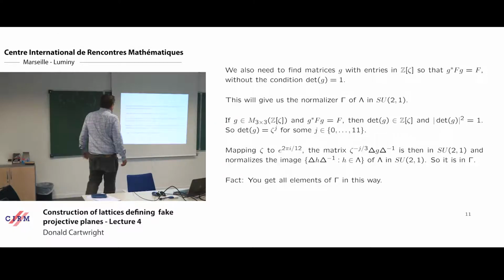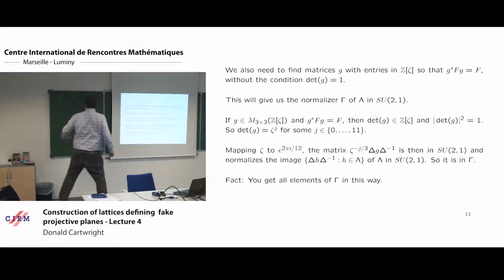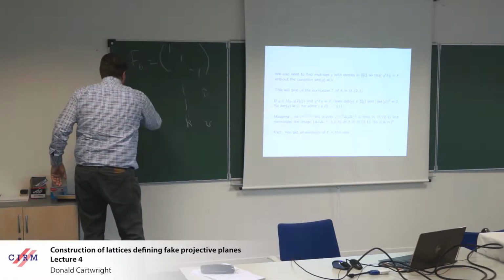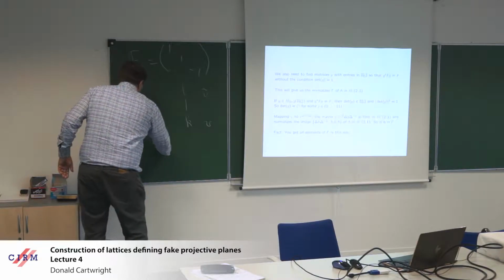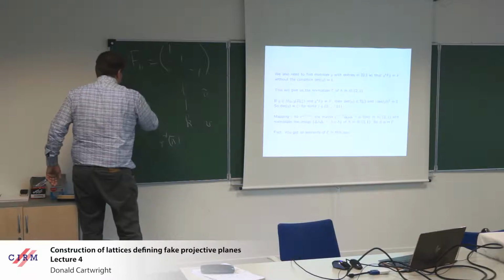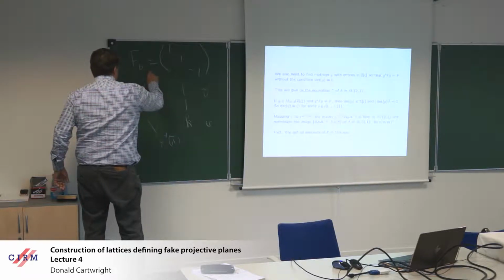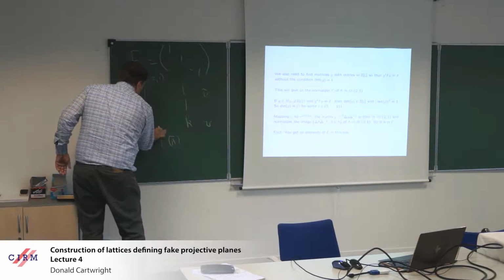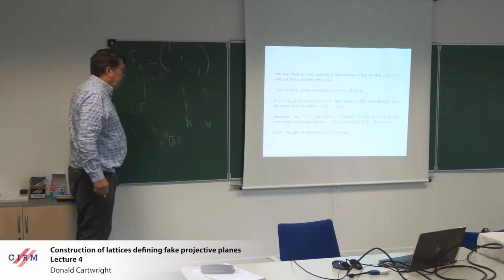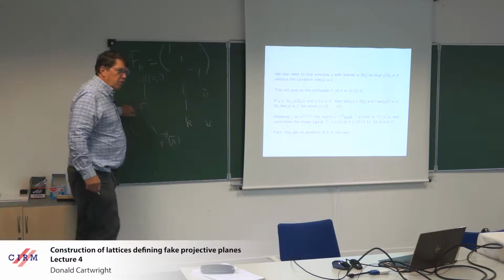The reason for that is I want to get the normalizer inside. So we've described lambda, we also need gamma, the normalizer.